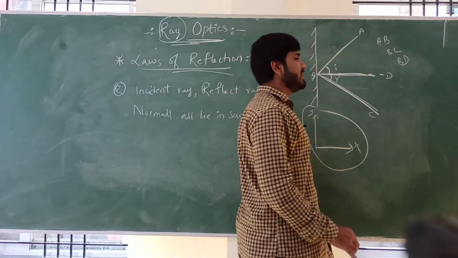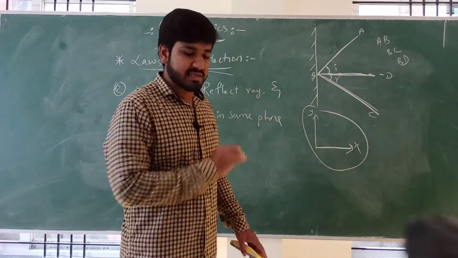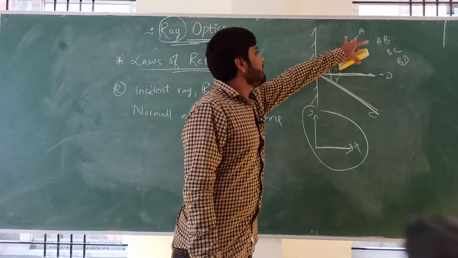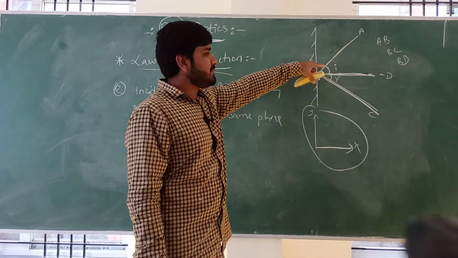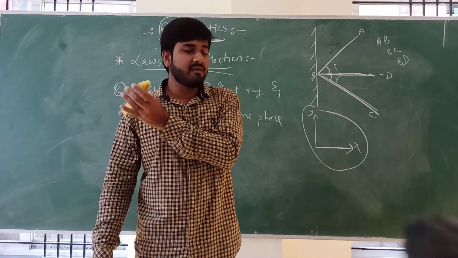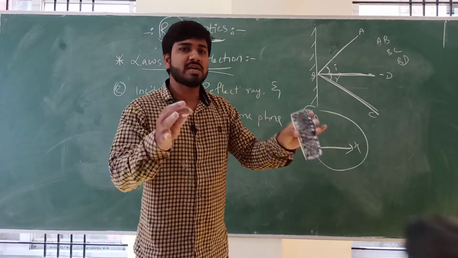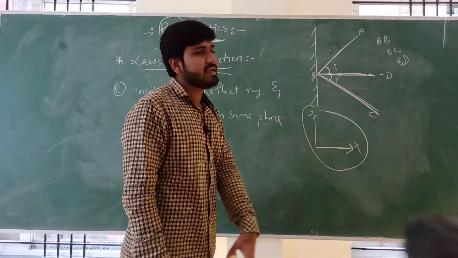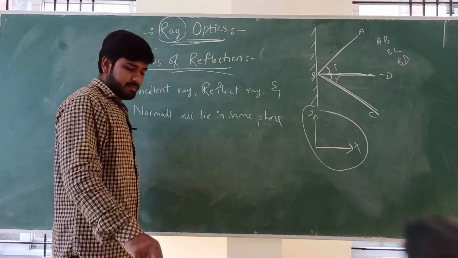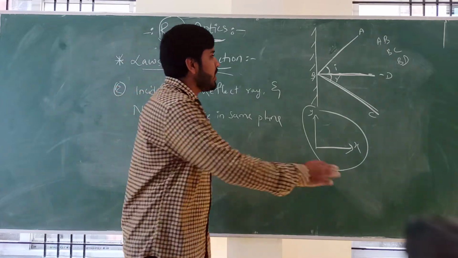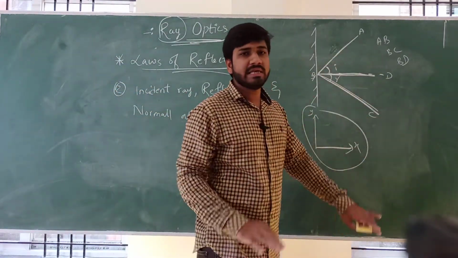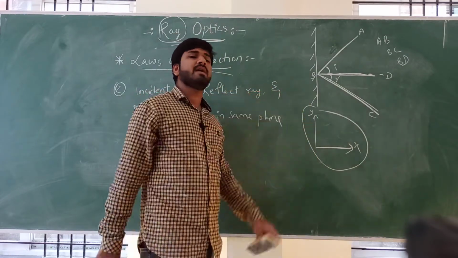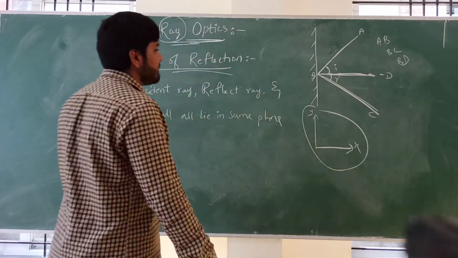It is not possible that if incident ray is in XY plane, then reflected ray will be in YZ plane. It is not possible. So if any one of these rays is in one plane, then all the rays will be in the same plane. So there will be a plane like this. Okay, so this is the second law of reflection.